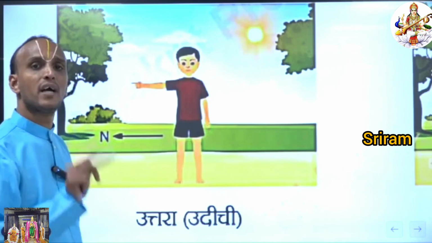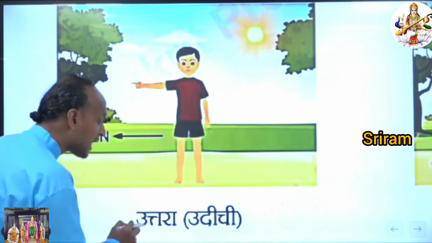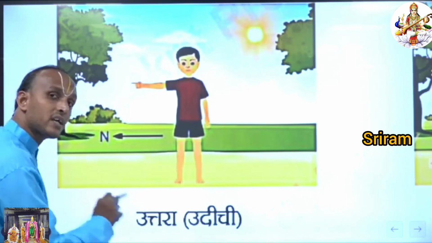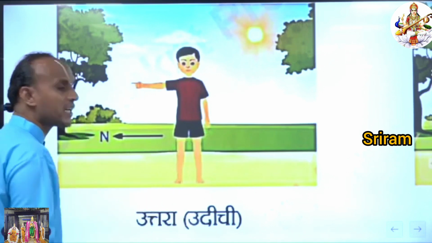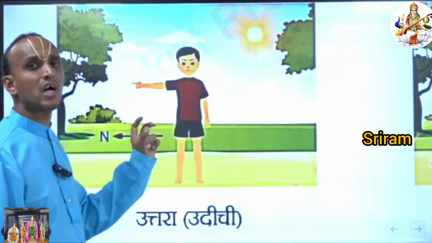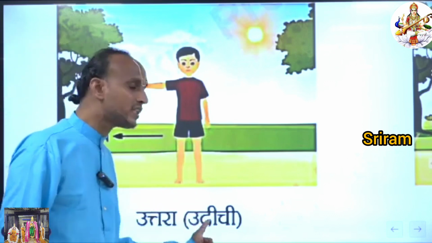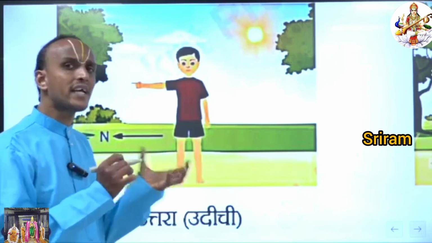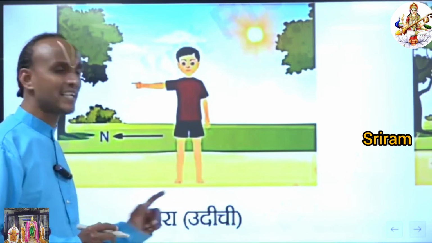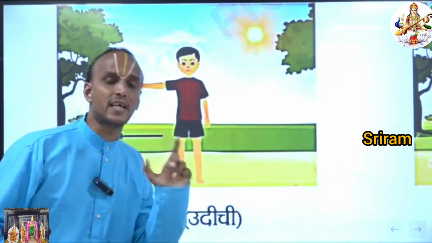You say? Yes, you are right. Uttaradik. Uttaradik means north side. Okay. Then Udichidik. We have another name for north side in Sanskrit. Udichidik means also north side. How will you say in Tamil? North side means Vadak Disai.